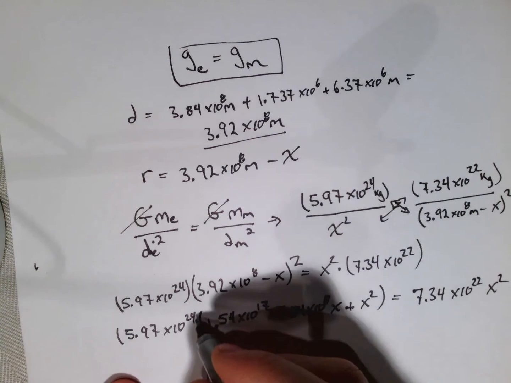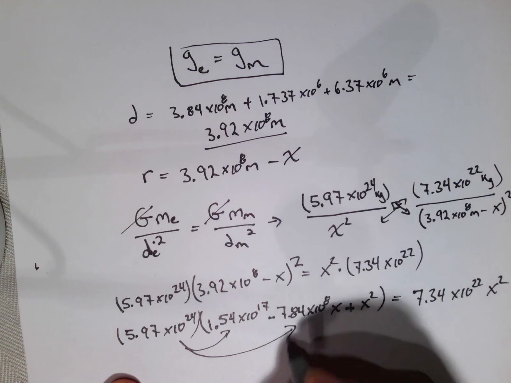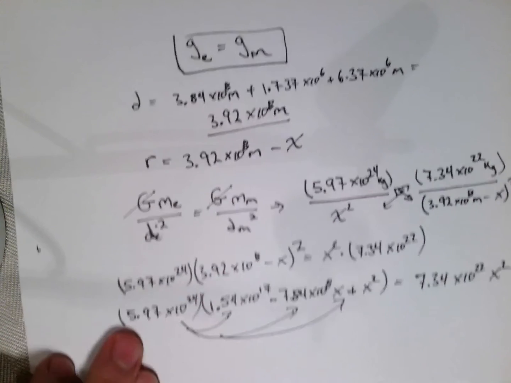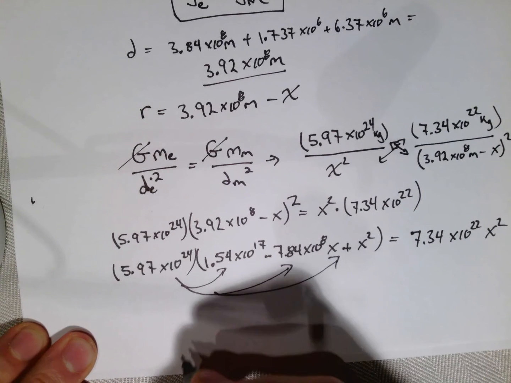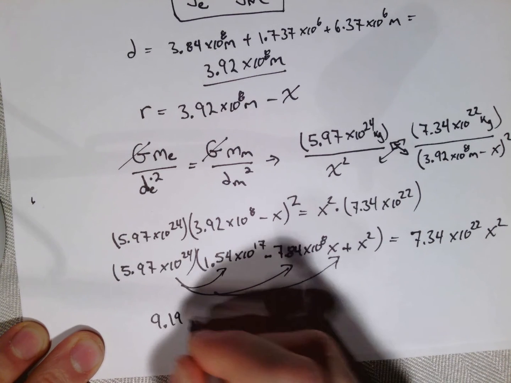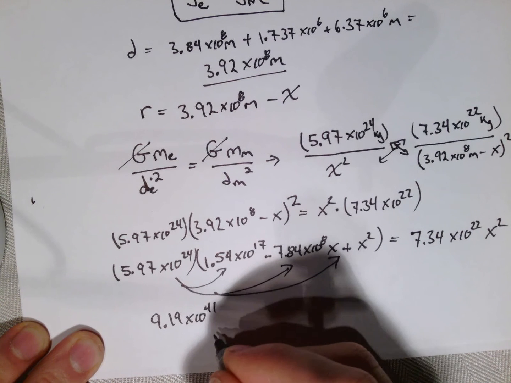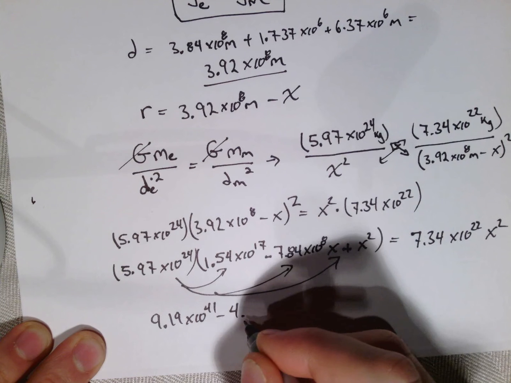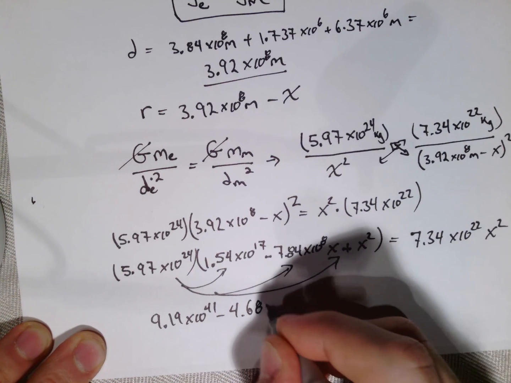The next, sorry, forgot the bracket. This has to multiply through to each of my terms, which is going to leave me with the following: 9.19 times 10 to the 41. If your numbers are a little different, it could be just a rounding error, so as long as they're very close, I wouldn't be too concerned.